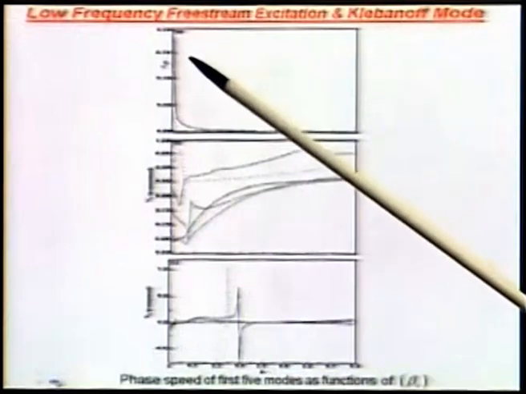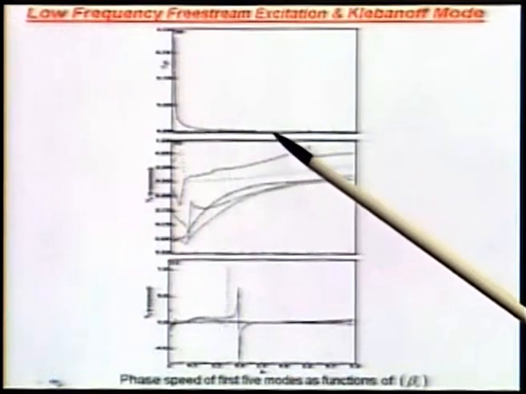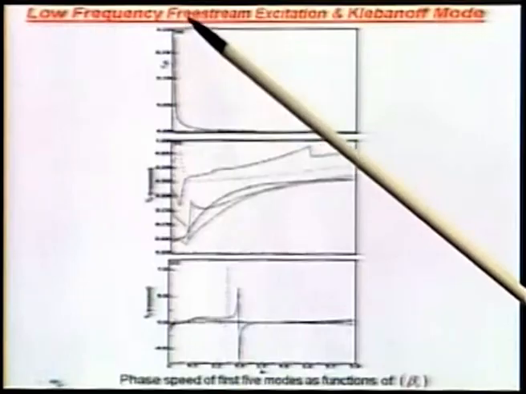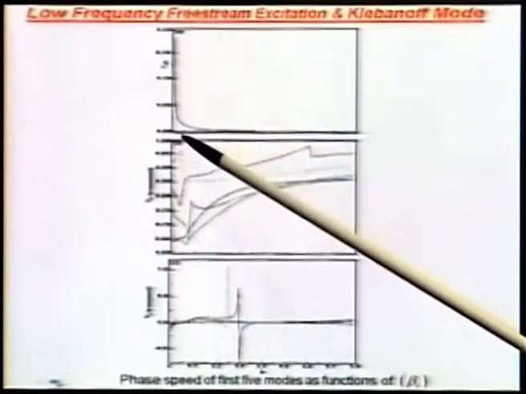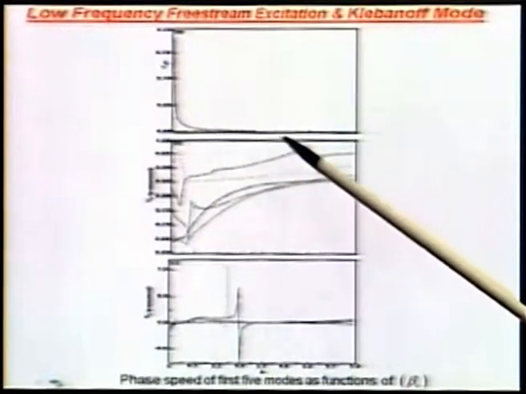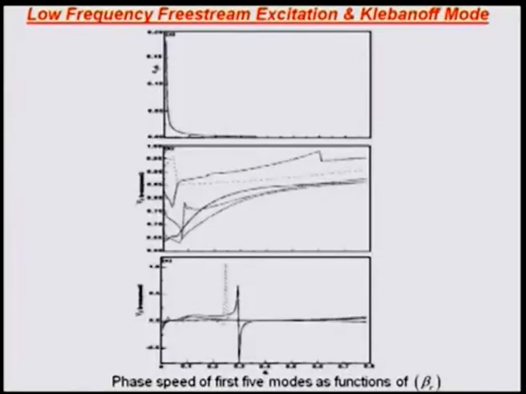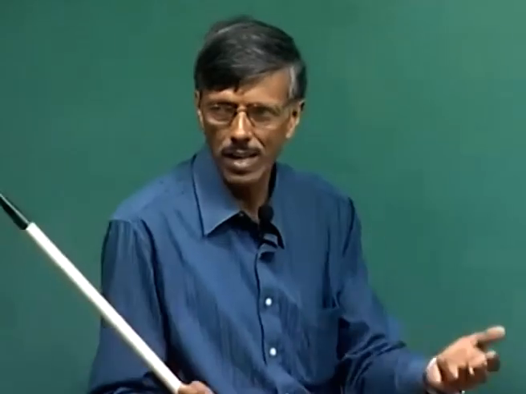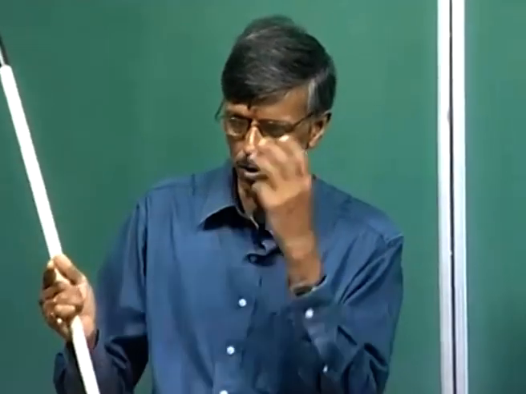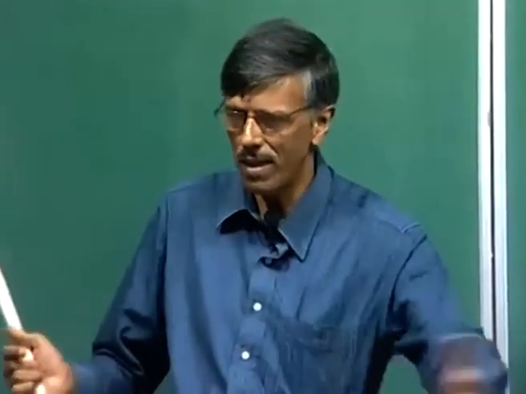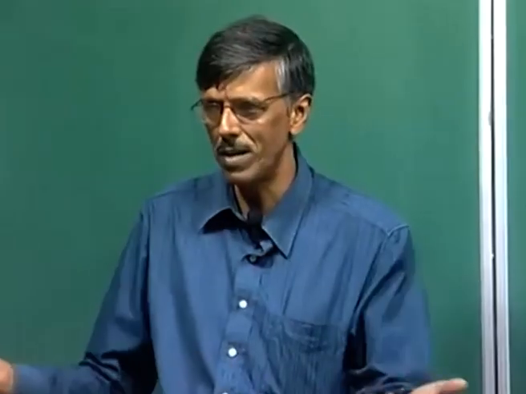Now, what you notice is that barring a very small value of beta r, it is virtually 0. So, the phase virtually does not move very much, right. So, it would appear as if the whole thing, if I look at that tunnel, the phase is not moving. So, it would appear as if it is stationary.